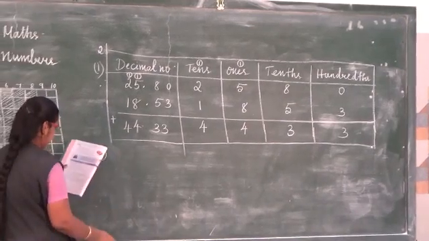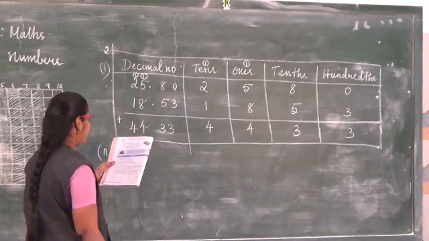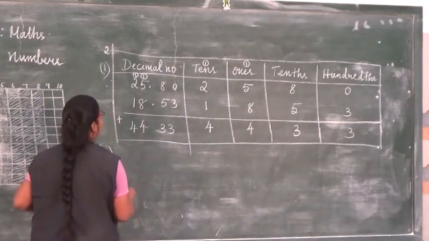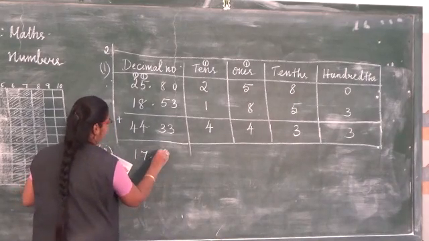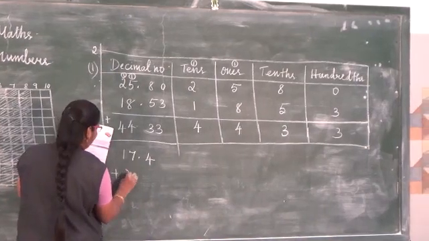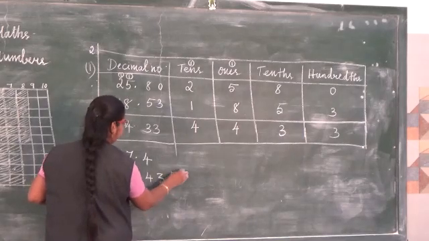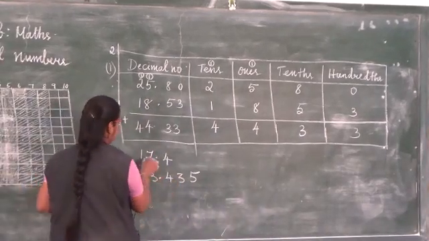So the next one, second problem: 17.4 plus 23.435. So here also the same.